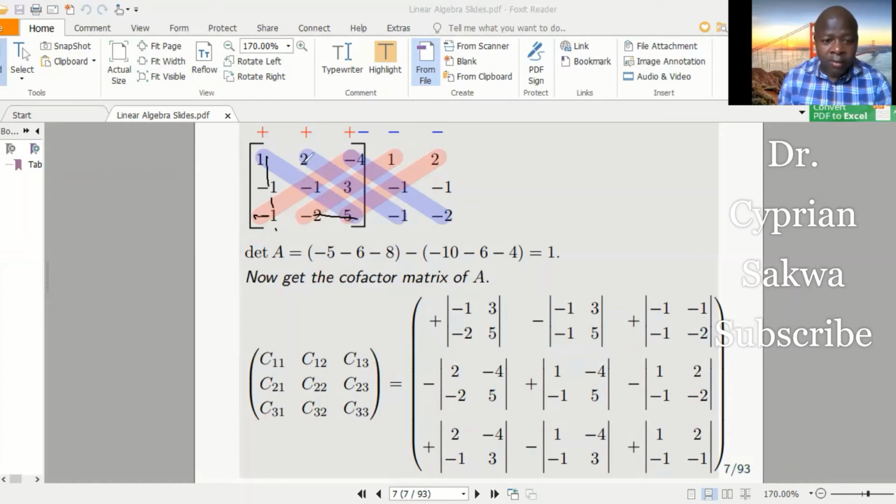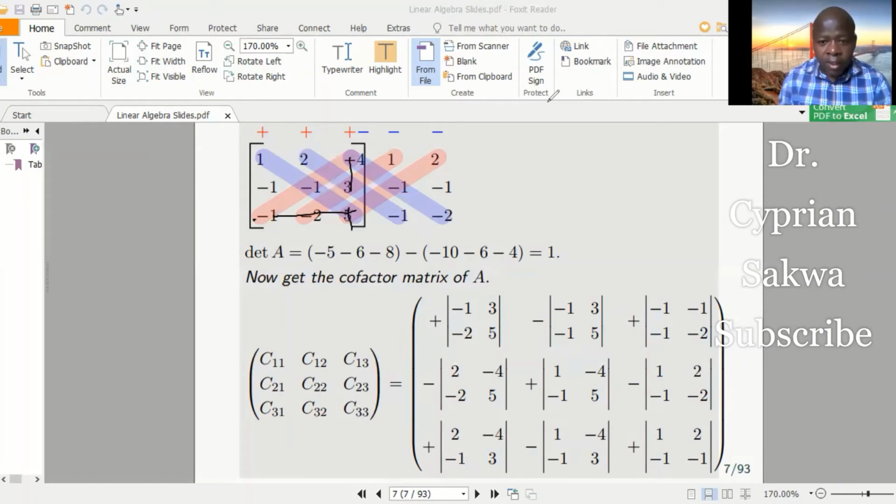We are left with 2, -4, -1, 3. Then the next element is this, delete its column and then its row. We are left with 1, -4, -1, 3, and the sign is negative. And then lastly, this element, delete its row and then its column. We have 1, 2, -1, -1.